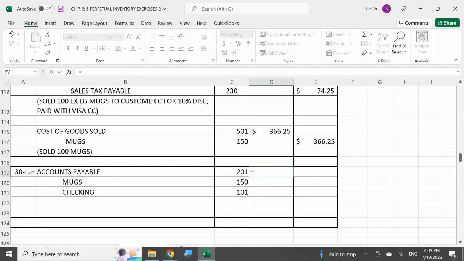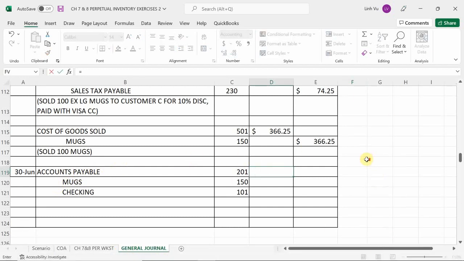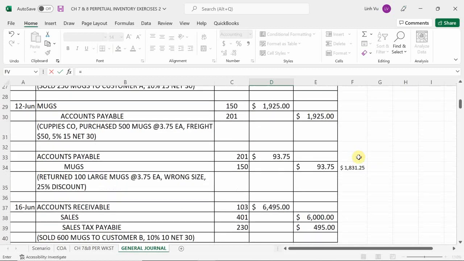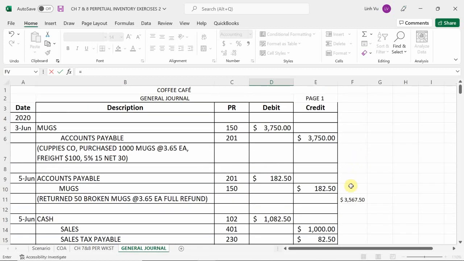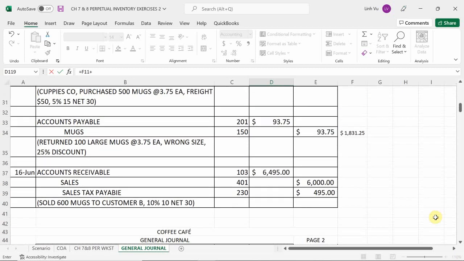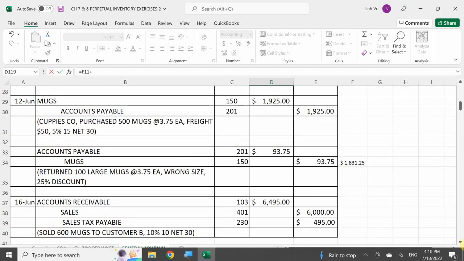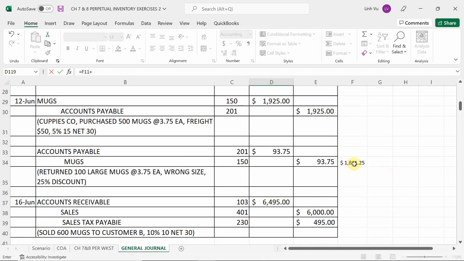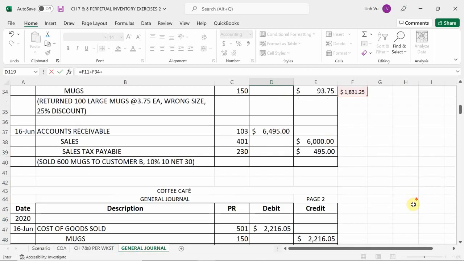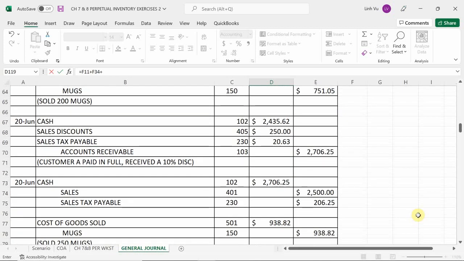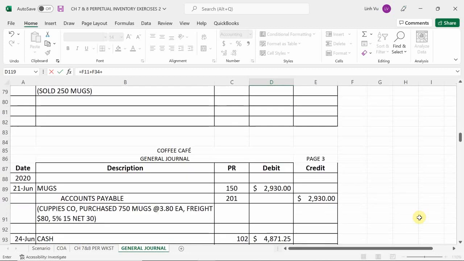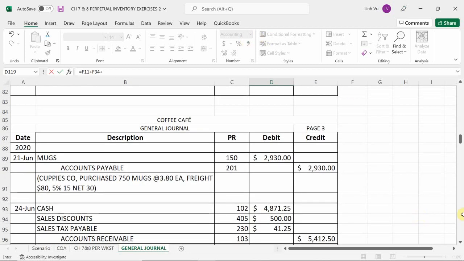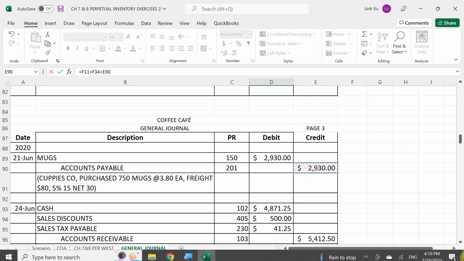Okay, so in this case, I'm going to go up my columns here, right? My first bill cost me $3,567.50. My second bill cost me $1,831.25, and my third bill cost me $2,930 right here.